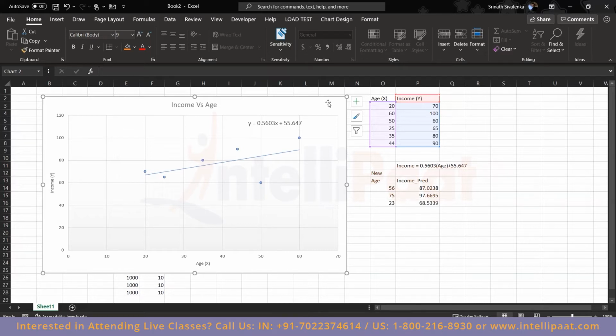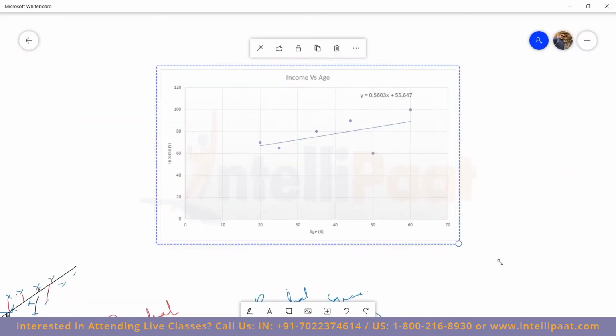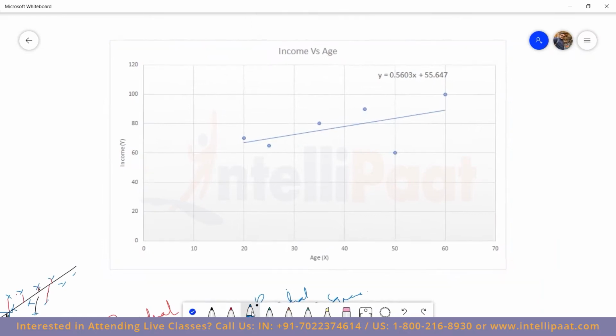When I say curve fitting, you would basically have something that looks like this, which connects all those data points.